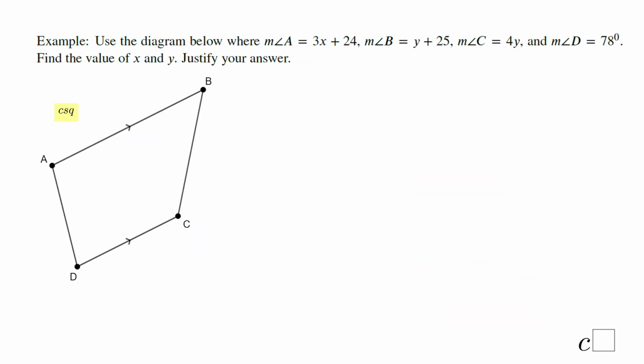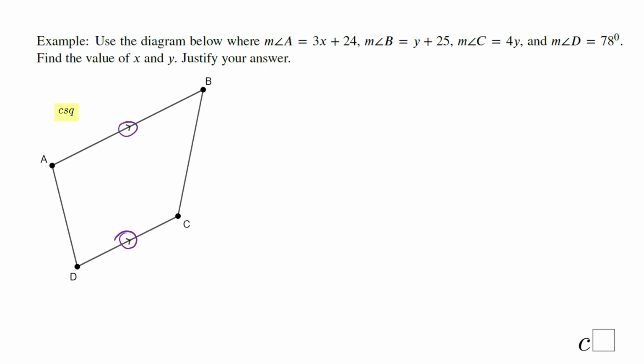Okay. Another example where now we have to use the diagram below where we notice these two are parallel lines. By the way, this one looks like a trapezoid if you're really wondering what's the name of the shape. It really doesn't matter for us in this moment.